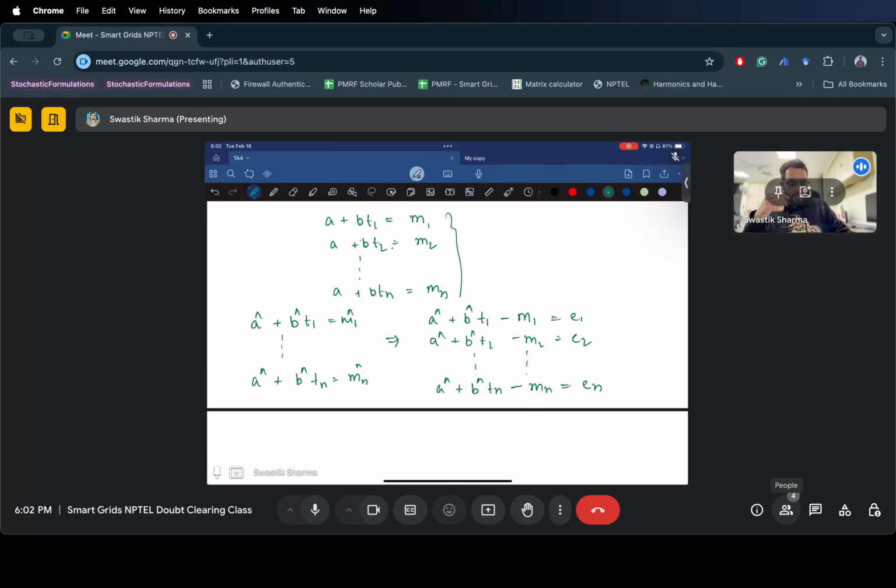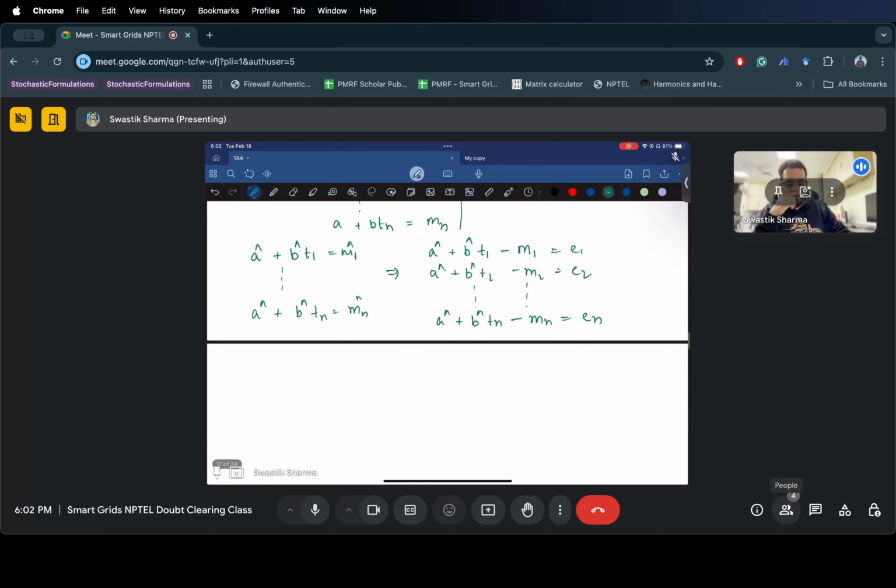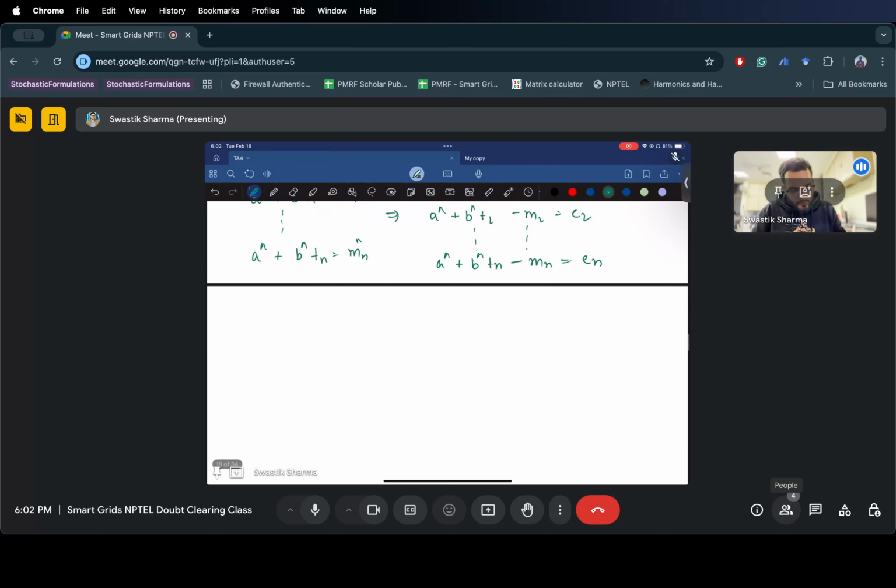So you have an overdetermined linear algebraic system where you have more equations than unknowns. So let's convert this into a matrix. How will this matrix look?